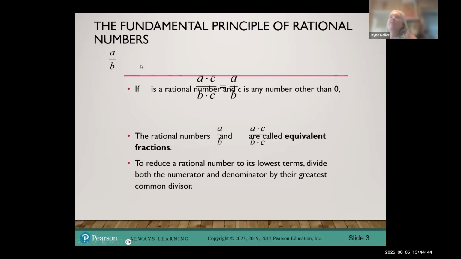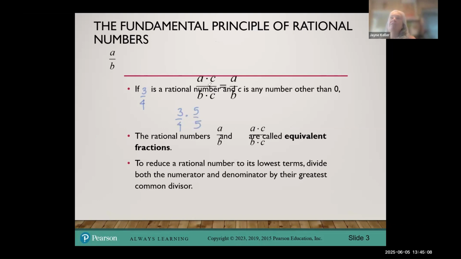Okay, so if A over B is a rational number, then we can write what we call equivalent fractions. And we use this to do certain operations, especially if we're adding and we need a common denominator. So if I have some fraction like 3/4, then I can take any number over itself, maybe 5 over 5.